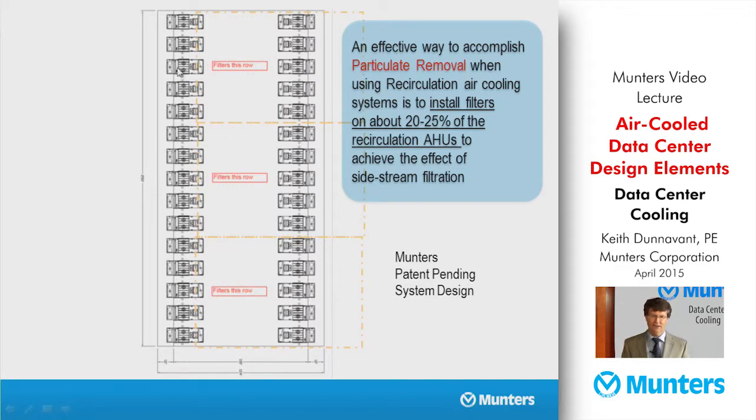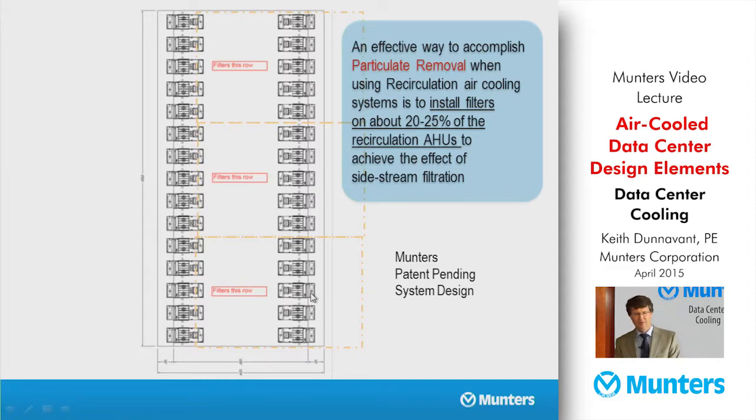So here you see a large data center, and these are units on the roof feeding galleries of supply air on both sides. The servers would be running in between here. And we've installed filters on this row of cooling units, and on this row of cooling units, and on this row of cooling units.